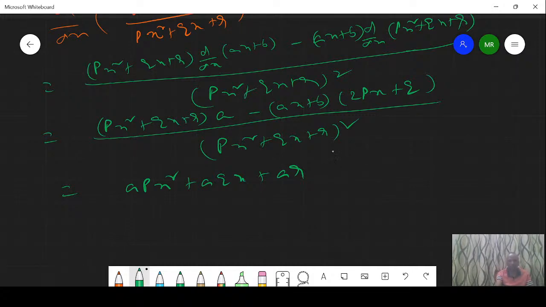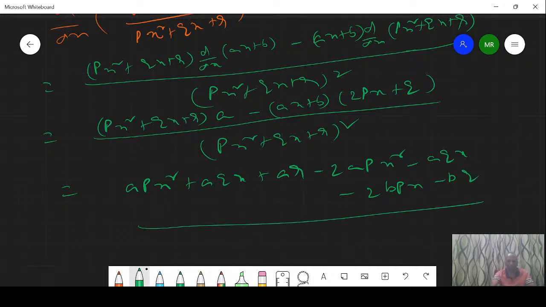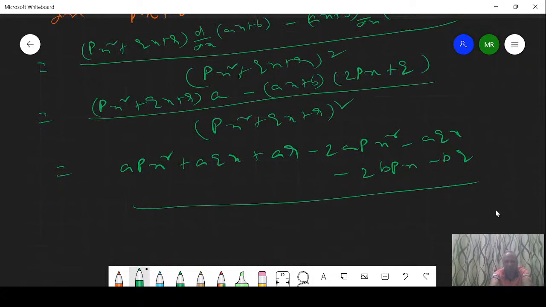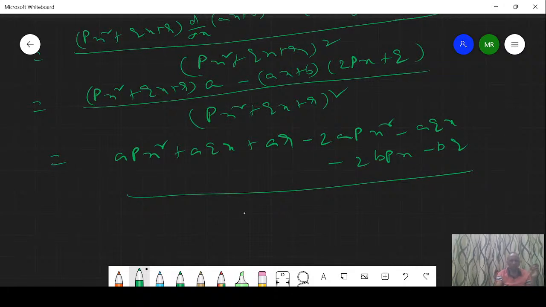This is minus 2apx square, minus aqx, minus 2bpx, and this one minus bq, by the denominator: (px square plus qx plus r) whole square.